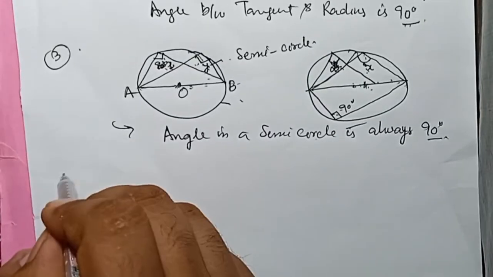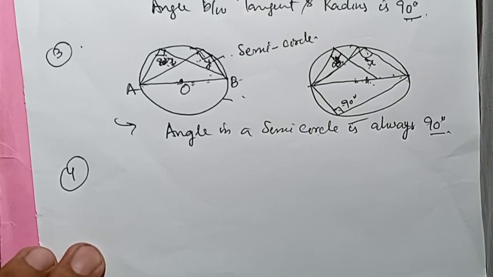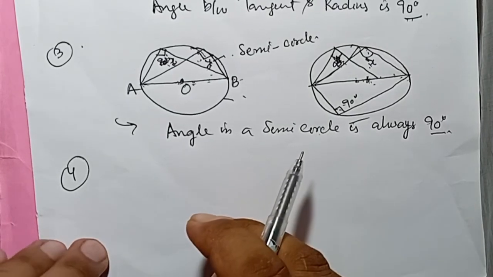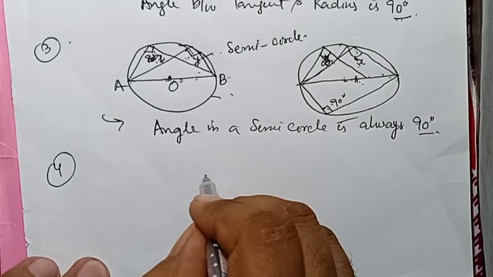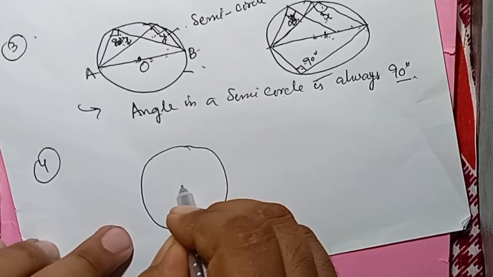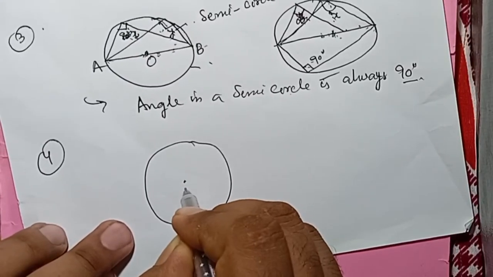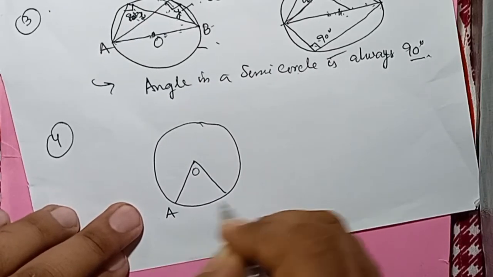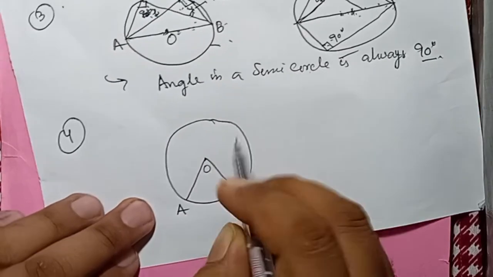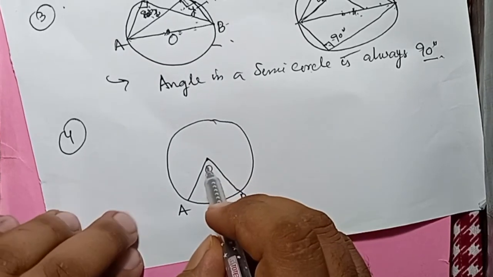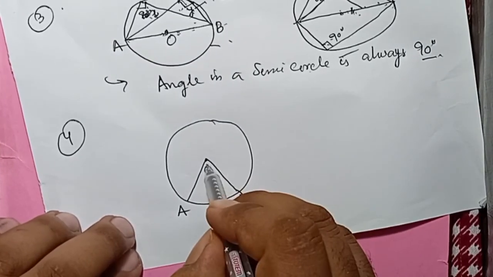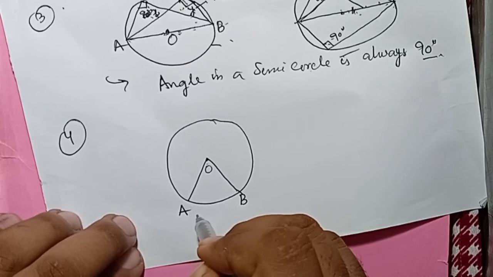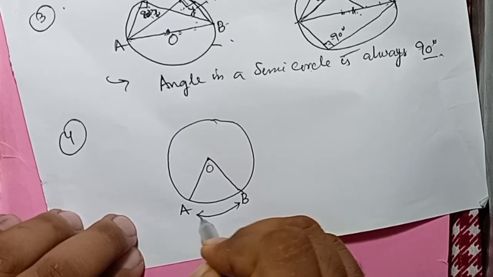Now fourth we will try to understand, that is the angle at the center of a circle. You can see this is O, and let this be angle AOB. This angle AOB has been subtended by this arc AB.